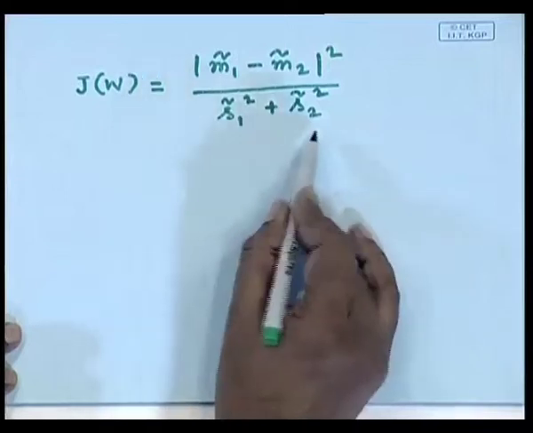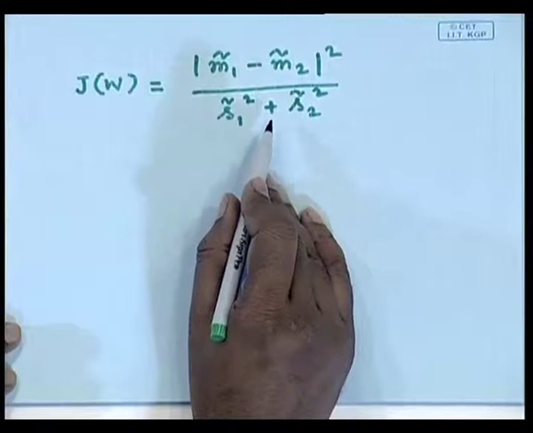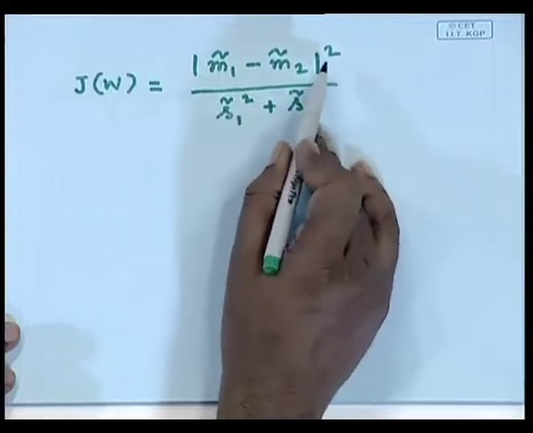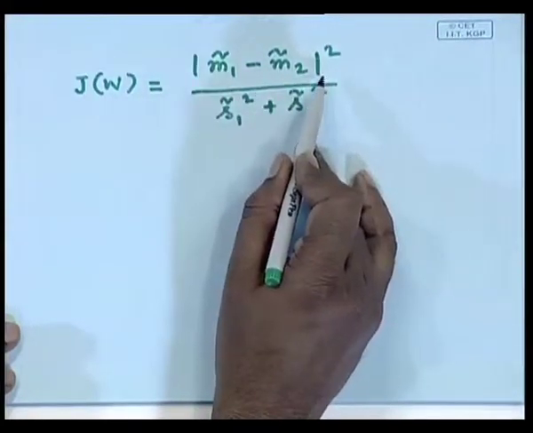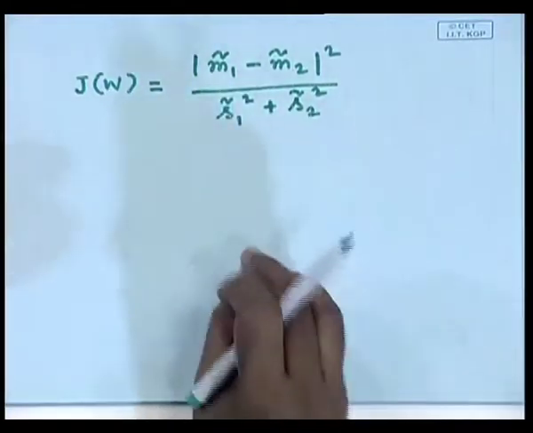So, this S 1 tilde square plus S 2 tilde square is the total within class scatter, which takes into consideration the scatter of the samples taken from set R 1 plus the scatter of samples taken from set R 2. Okay. And what I have at the numerator is m 1 tilde minus m 2 tilde square, which is nothing but the square of the distance between the projected means m 1 and m 2.